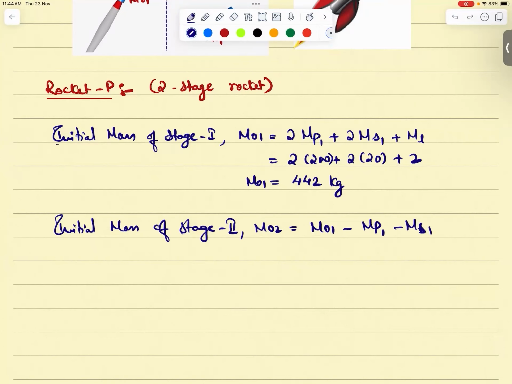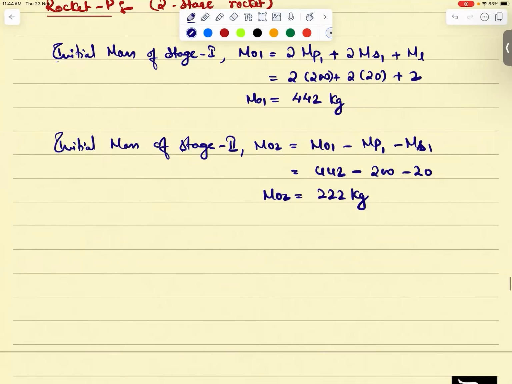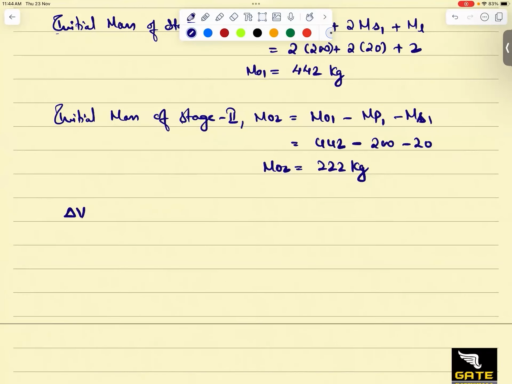That will become 442 minus 200 minus 20, which is 222 kg. That is M02.